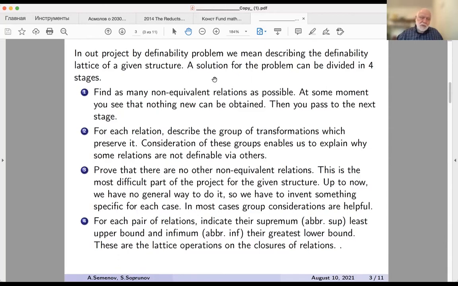Okay, so we have such and such relations. There you have this and this transformation group for them. If you have equal transformation groups, then the relations are perhaps equivalent. Actually, it's not completely true.